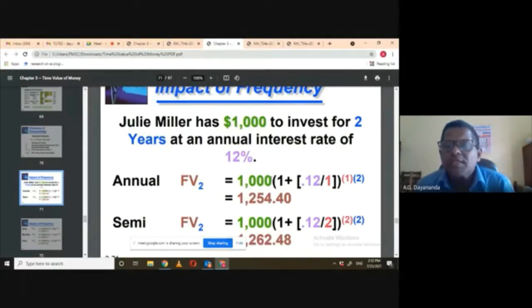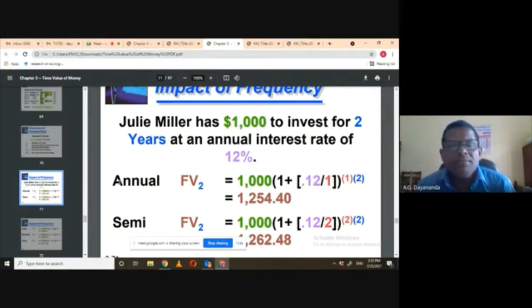For example, 1,000 rupees. You see here 12% divided by 1. That means we assume that you calculate interest annually.